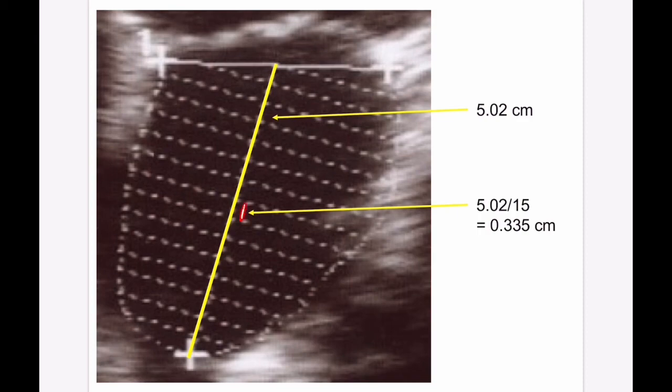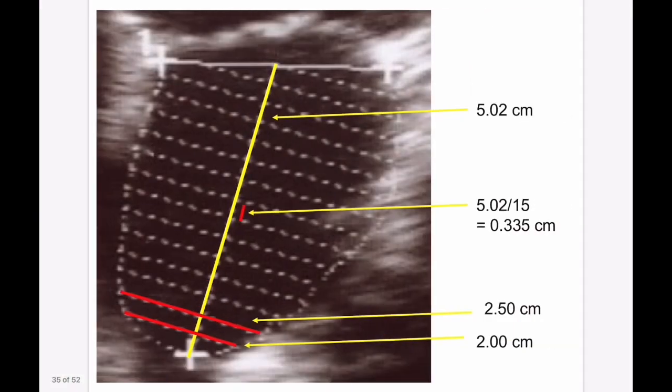So knowing that this is 0.335, what the machine does is approximate these diameters for each single slice. For example, I've eyeballed that this diameter would be about 2 centimeters, this would be about 2.5, and so on all the way up.